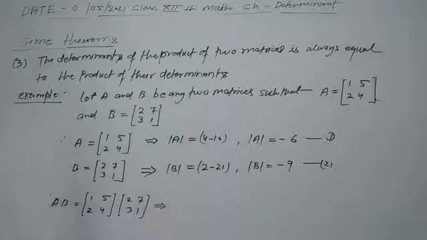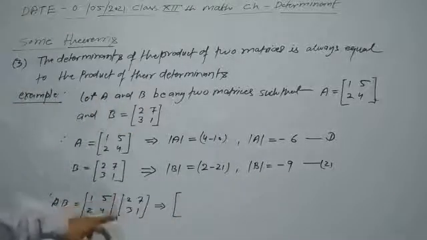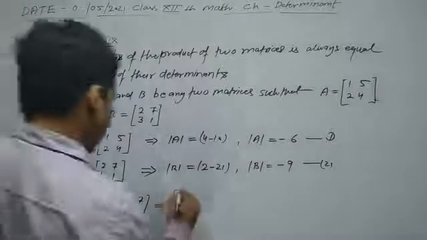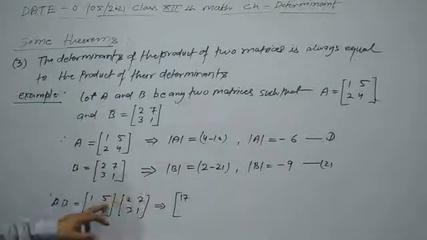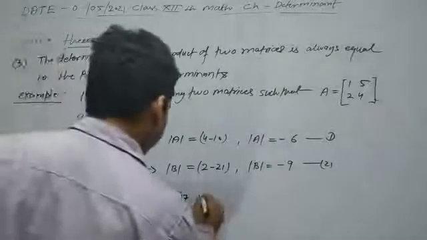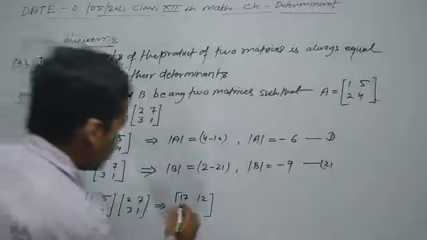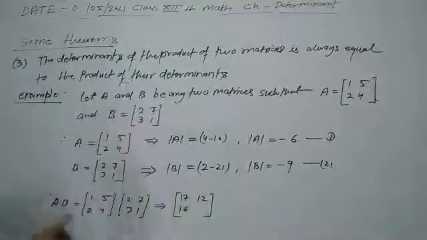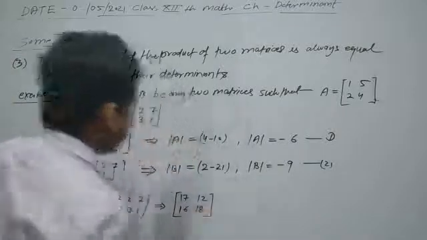Its multiplication is 1 2s are 2 plus 15, that is 17. 1 7 is 7 plus 5, that is 12. 2 2s are 4 plus 12, that is 16. And 2 7 is 14 plus 4, that result is 18.